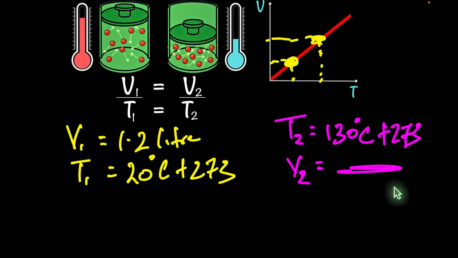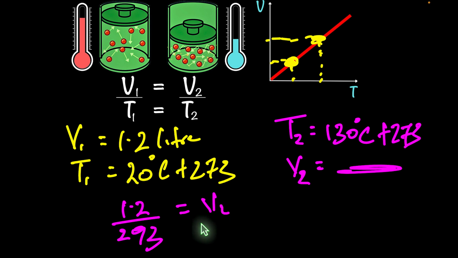So for our calculation, we just need to substitute these values in. For our V1, that's 1.2, divided by our T1, which is 293, and that should be equal to our unknown V2 divided by the known value for T2, which is 403.